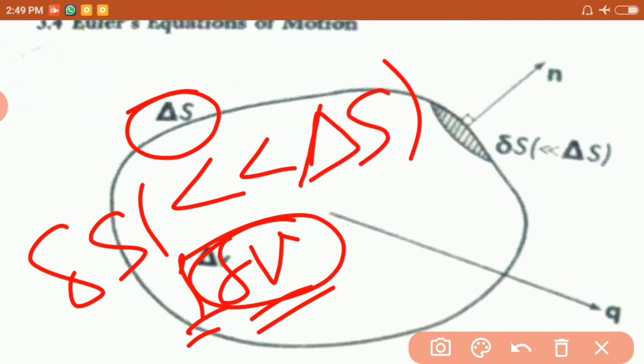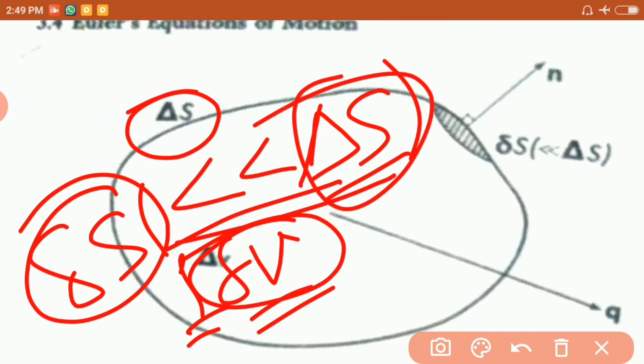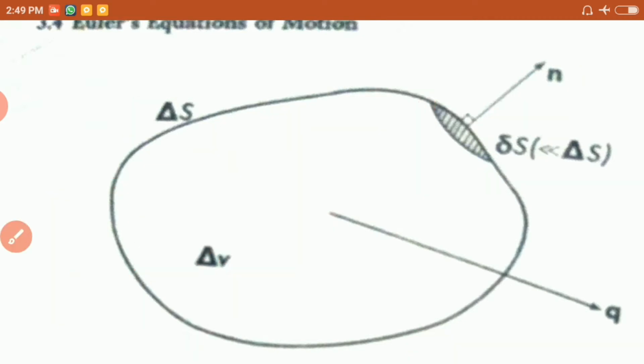Small delta S is the surface element of the capital delta S, and n is the unit normal vector to delta S drawn outwards from the particle.